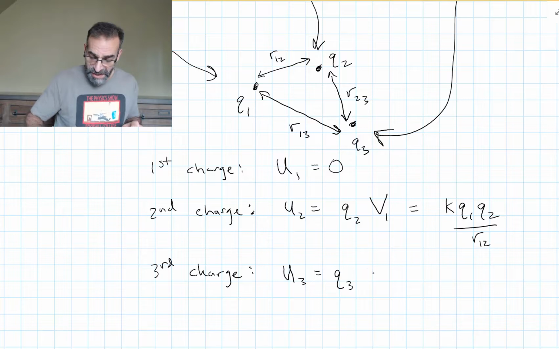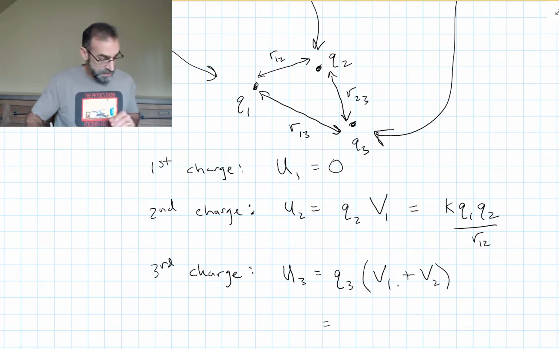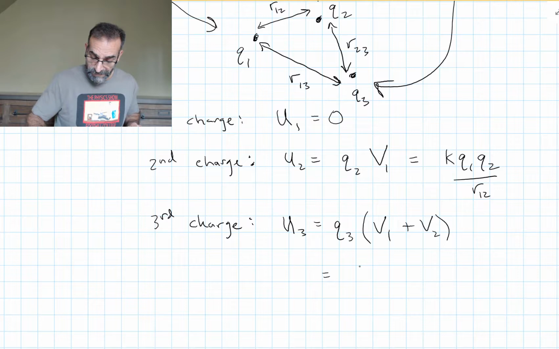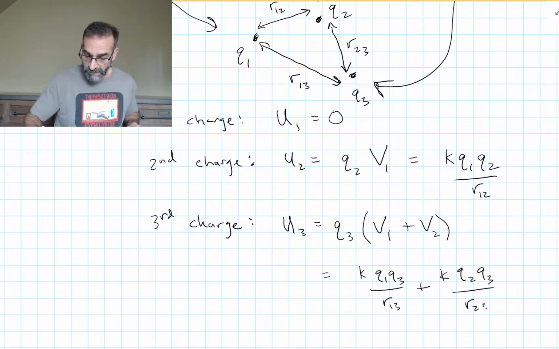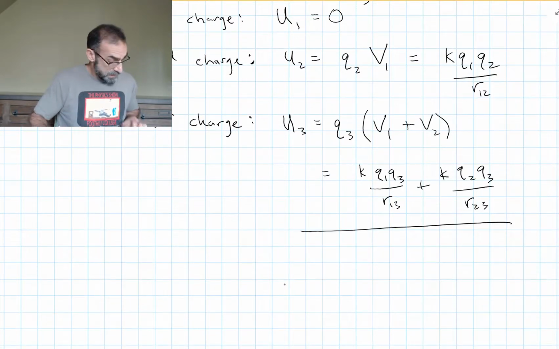And the potential is now a combination of the potential from charge 1 and the potential from charge 2. So what I get here is K Q1, and I add all of these up, and I get my total U for the system of charges.